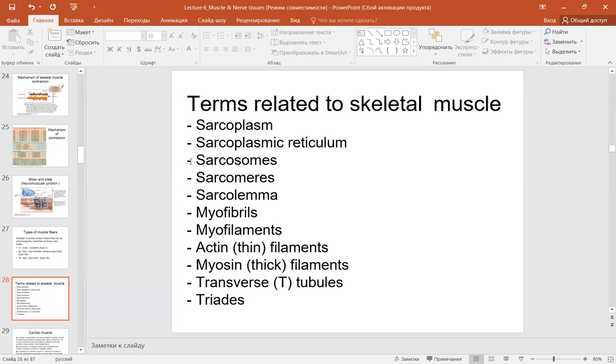And triad, the two cisterns of the sarcoplasmic reticulum plus tubulus transversum, which is delivering the initial signal for the contraction or sliding phenomenon of actin and myosin filaments with one another to begin and to follow.